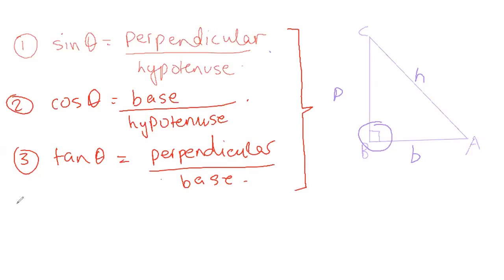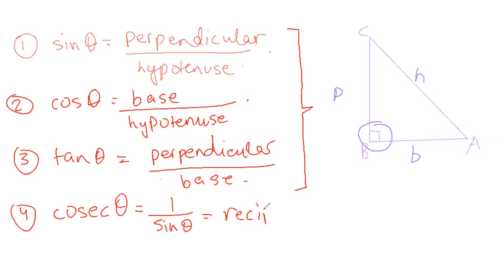These are the more complex formulas. So our fourth formula is cosecant theta. Cosecant theta is also known as 1 upon sine theta, which means the reciprocal of sine theta.